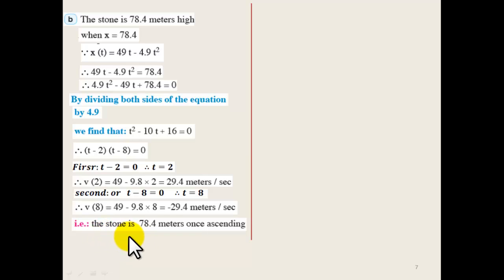It means the stone is at 78.4 meters once ascending after 2 seconds and once descending after 8 seconds.